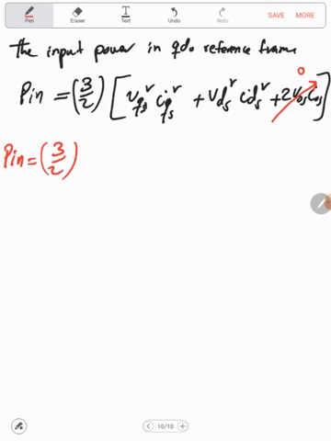Now if we substitute VQS, VDS here and multiply, collect the terms, this will equal RS multiplied by IQSR square plus IDSR square.